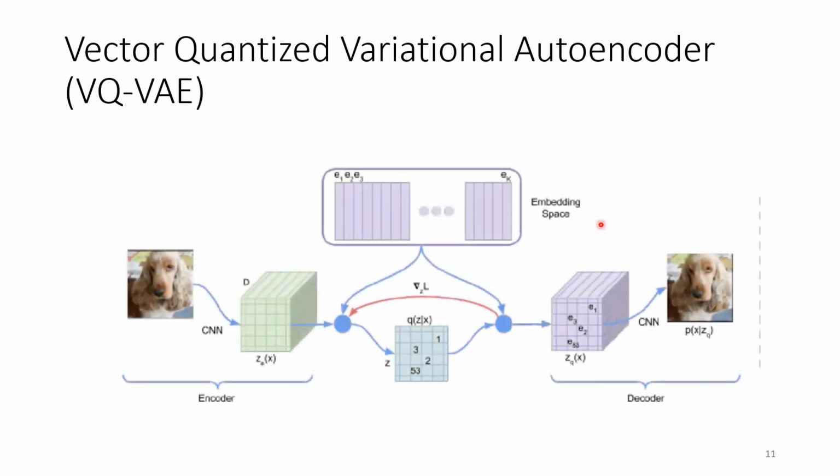We define this latent embedding space where K is the size of this vector and D is the dimensionality of each latent embedding vector. In the encoder, using a CNN, we are able to generate vector zx.